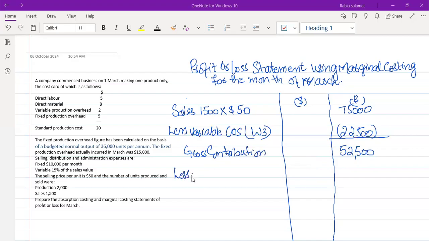Less variable selling and distribution cost, that is 15% of sales value. What is your sales? Your sales is 75,000 into 15%.